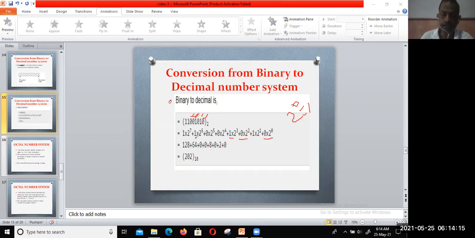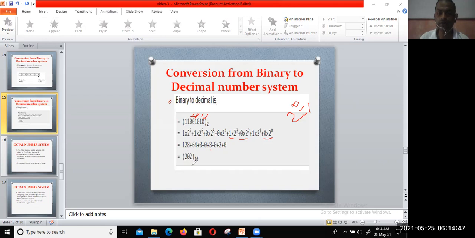Plus 1 into 2 to the power 6. Multiply 2 six times, then we get 64. Plus 64, and again put a plus sign and 2 to the power 7, that is 128. Once we sum up the digits, we get 202.